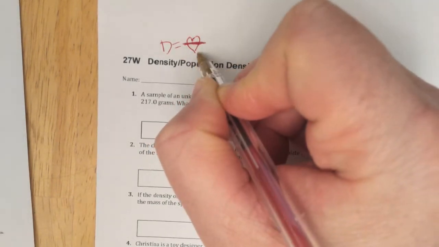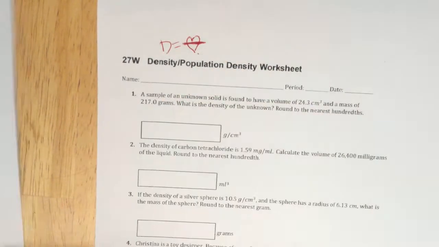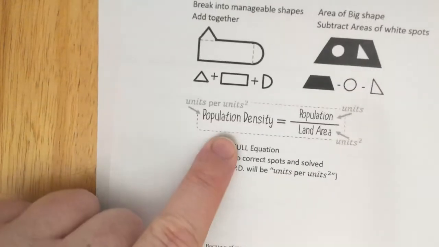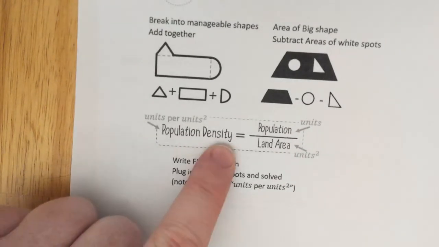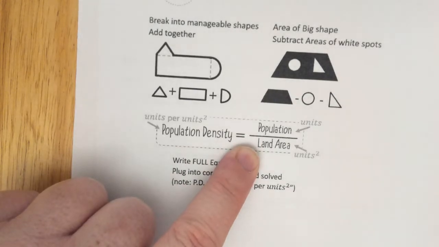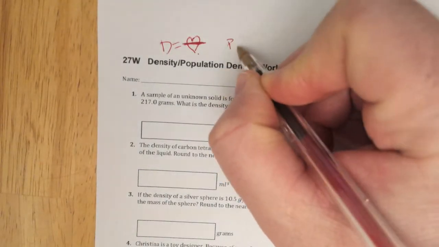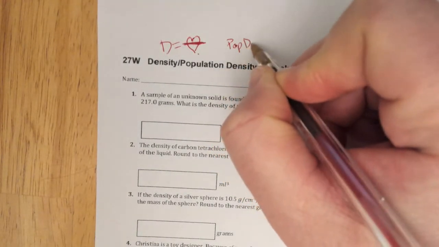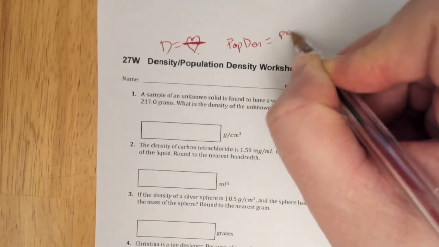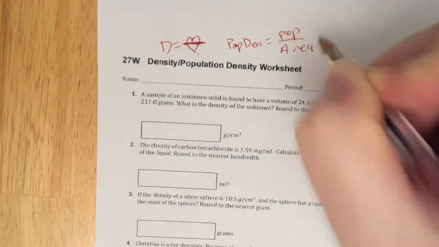So that's mass over volume. That's a way to remember that. And population density from Unit 8, that's pretty self-explanatory. Population density, that's population over the area. So population density equals the population over the area.